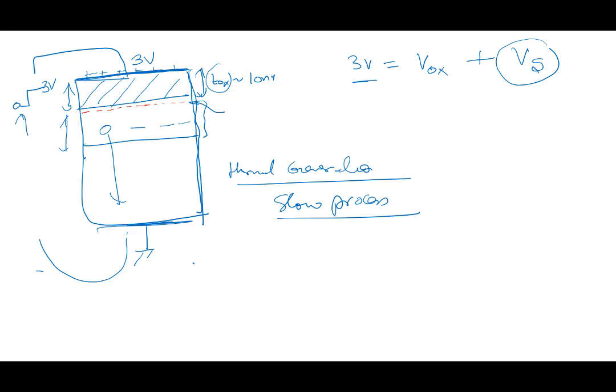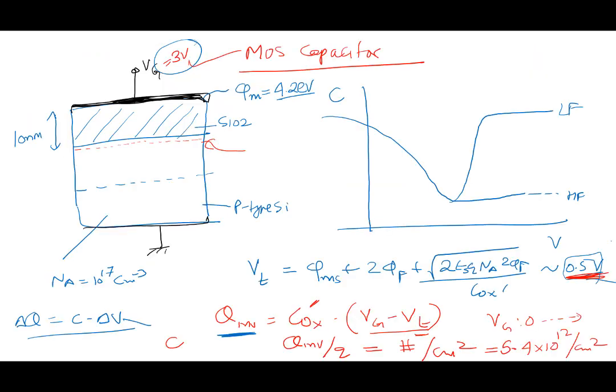So normally, under normal circumstances, how much is the drop in the semiconductor? The drop that you see in the semiconductor is 2 phi f, if some of you remember. 2 phi f is the surface potential at inversion. If you calculate, it comes out to be 0.8. The normal drop across the semiconductor is roughly about 0.8. The bulk of the voltage drop is taken up because of the inversion charge.